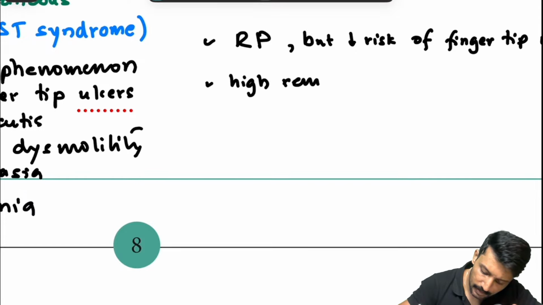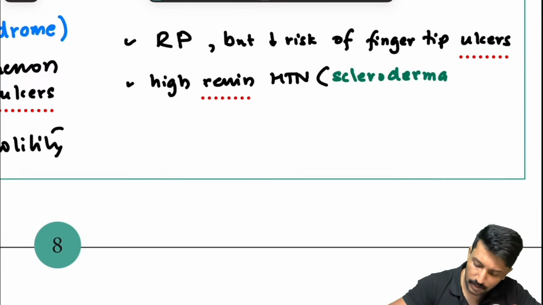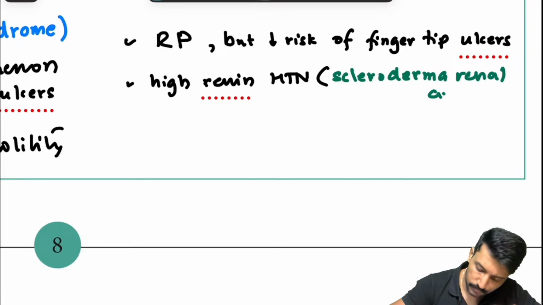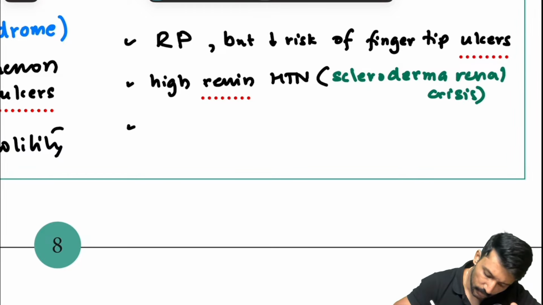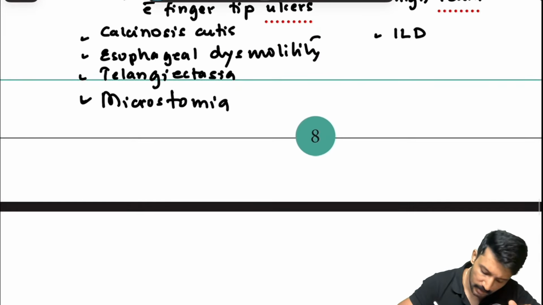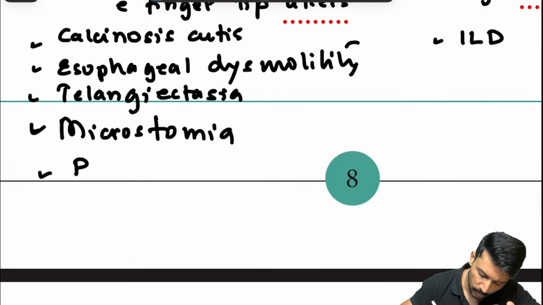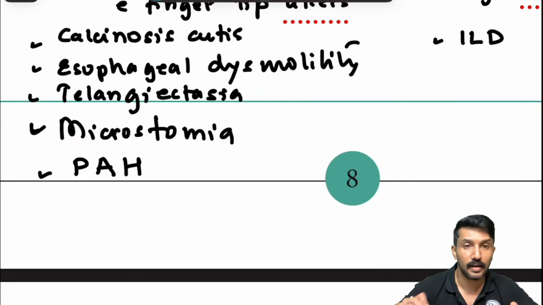This high renin hypertension is also called scleroderma renal crisis. Plus, these are also prone to develop interstitial lung fibrosis or pulmonary fibrosis. I forgot to mention, these patients of limited cutaneous are prone to develop what we call pulmonary arterial hypertension.